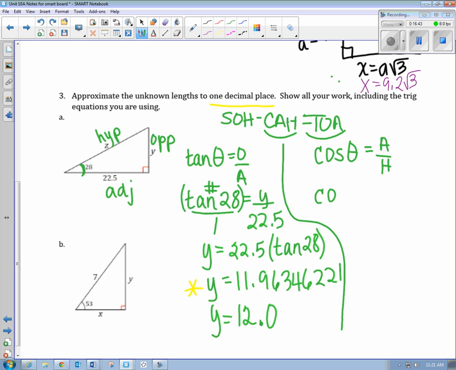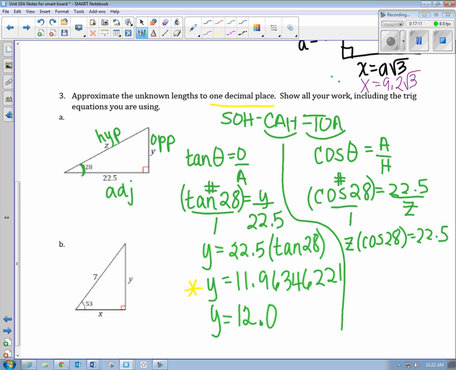I'm going to plug in what I know. In this case, same thing happens. I need to make sure that I keep this together. That is a number. Put this over 1, cross multiply. So I have z times the cosine of 28 equals 22.5.